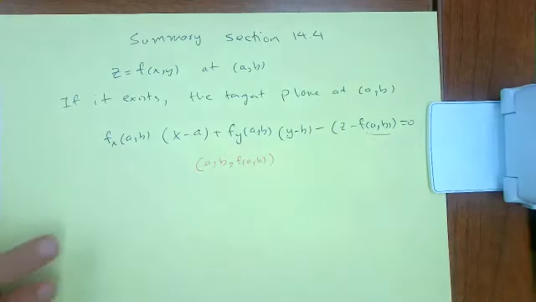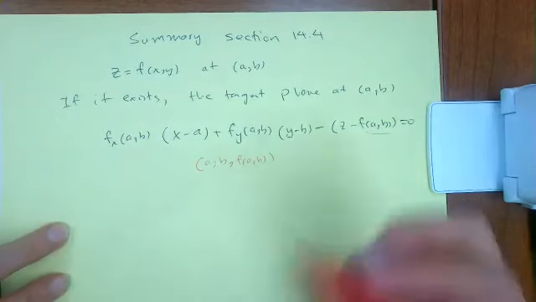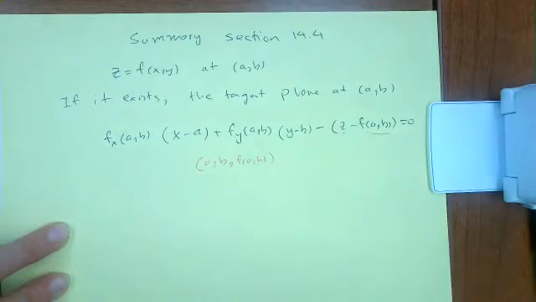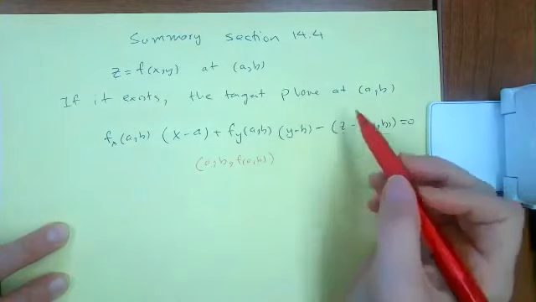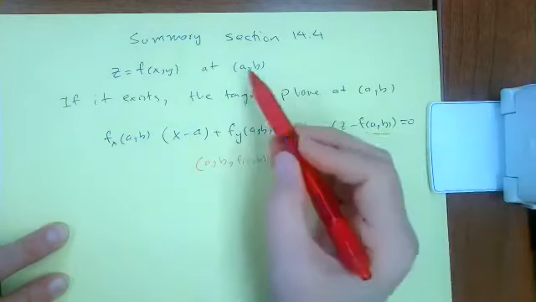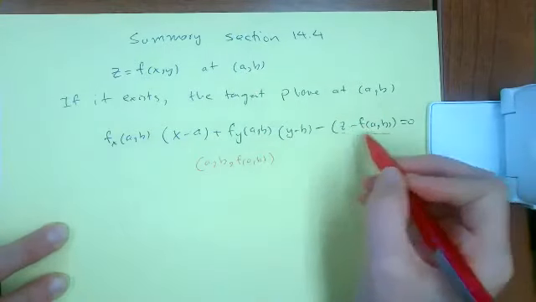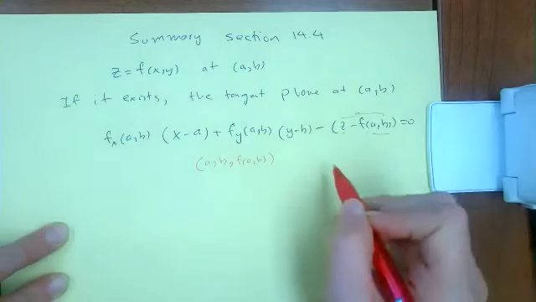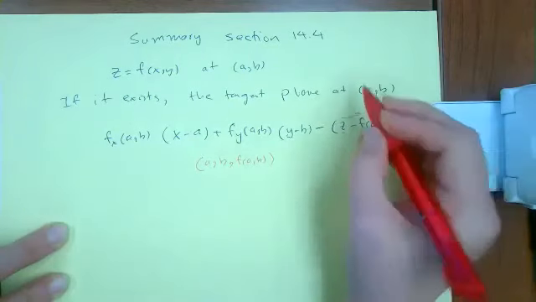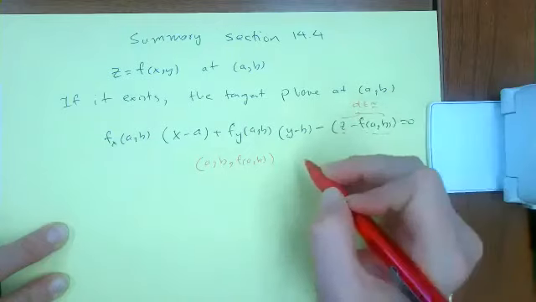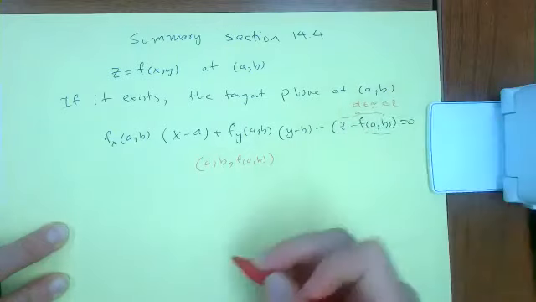Now, my question is, this z over here is approximating the f value for points near A and B. This difference, z minus f of A and B, is dz, which is approximating delta z.